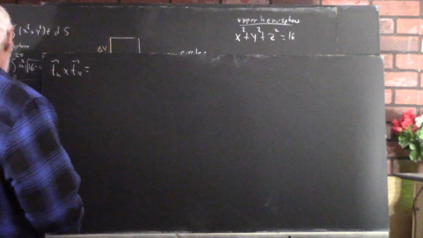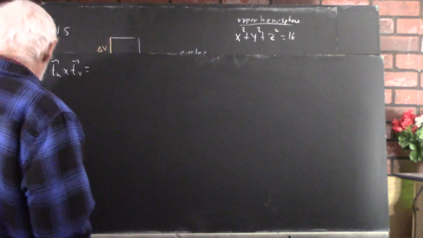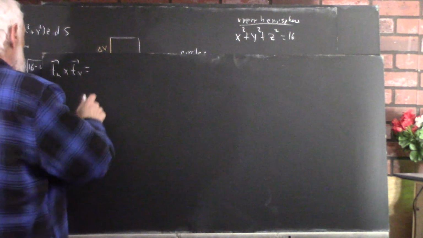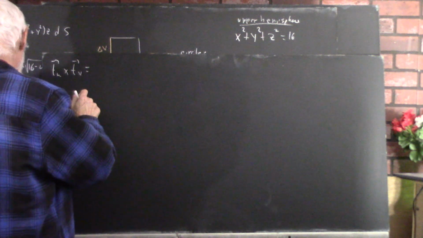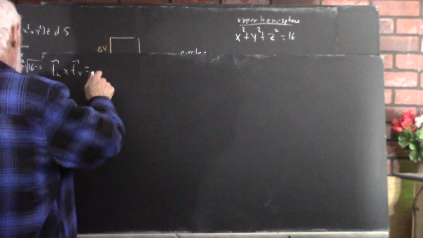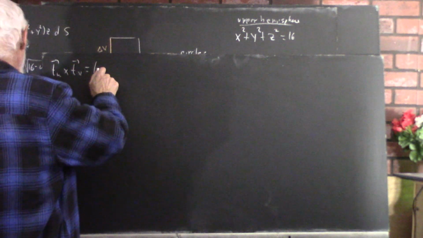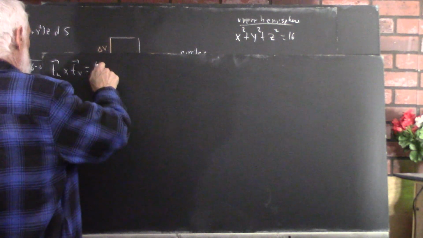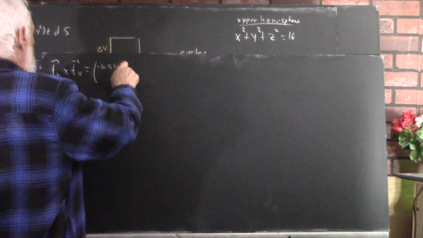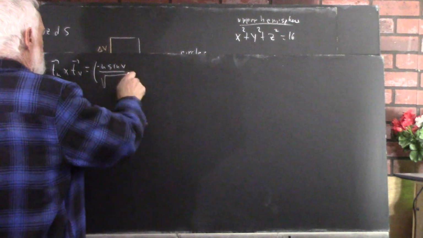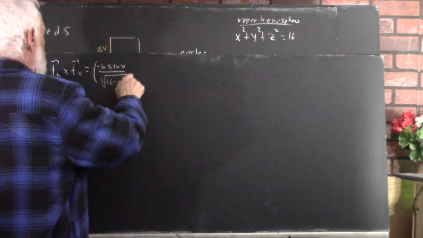T_u cross T_v is then going to be negative u sine v over the square root of 16 minus u squared times i.